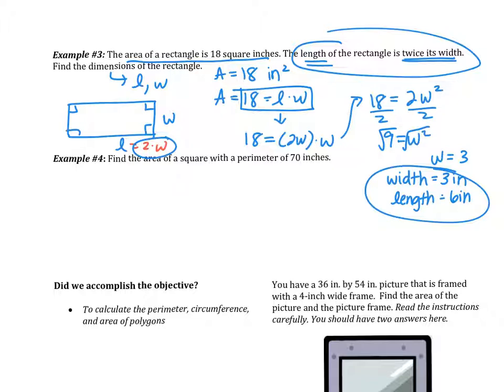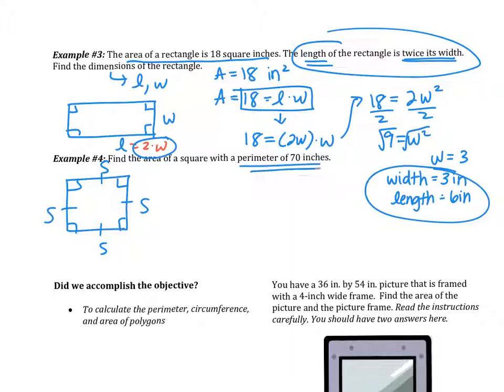Okay, example 4. Find the area of a square with a perimeter of 70. I'm going to set this one up, and then hopefully you can do it. If we draw ourselves a figure, remember on a square that all the sides are the same. So maybe we'll mark each side S, since we don't actually know what a side is.